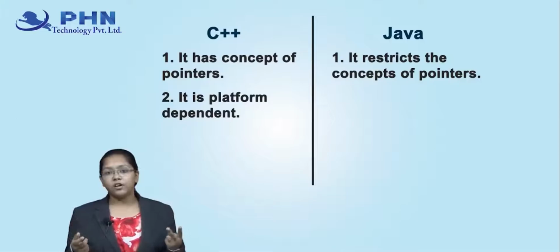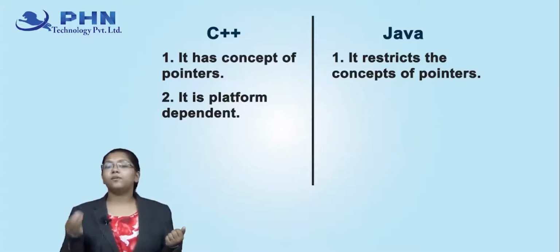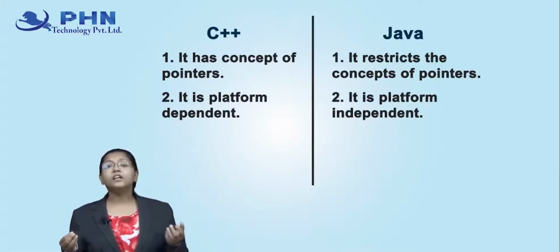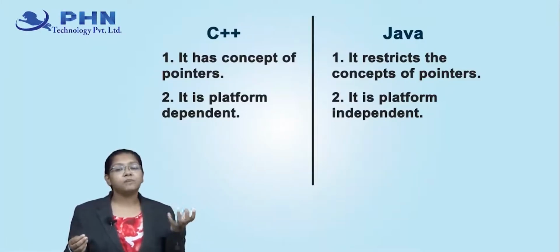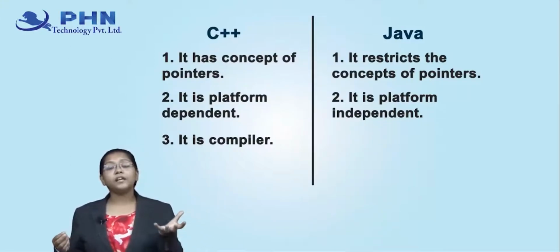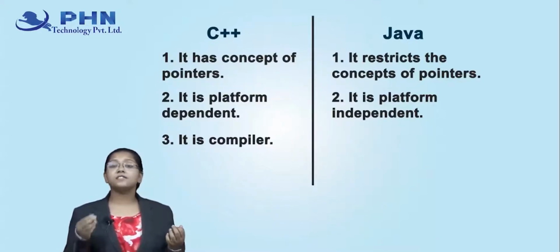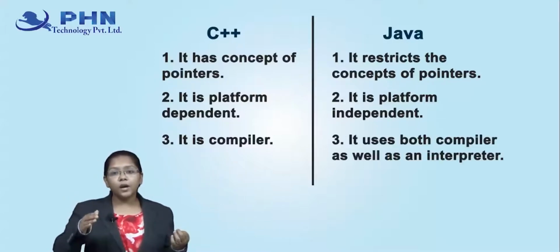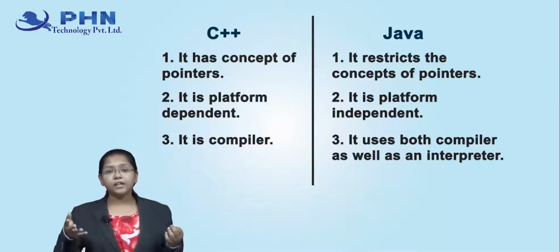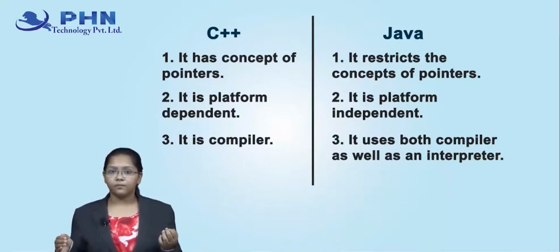The second difference we have already studied: C++ is platform dependent, whereas Java is platform independent. The third difference is that in C++, the moment the source code is compiled, it gives me the answer and generates an .exe file. Whereas in Java, the moment the source code is compiled, it generates a bytecode, and then the interpreter runs the bytecode and gives us the answer.